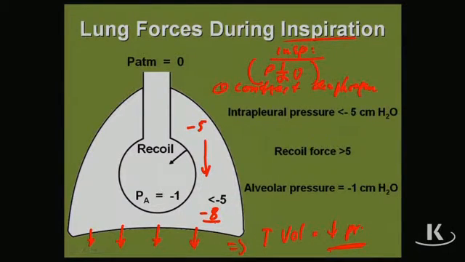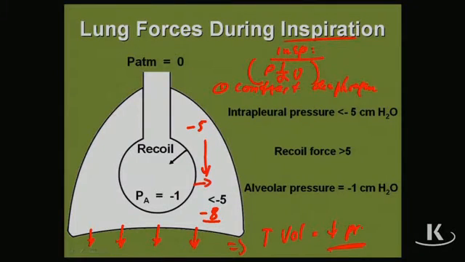So now the intrapleural pressure has become more negative. And what did we say? The more negative the intrapleural pressure, the more it expands the lung, so that now the lung is being expanded by the more negative intrapleural pressure.